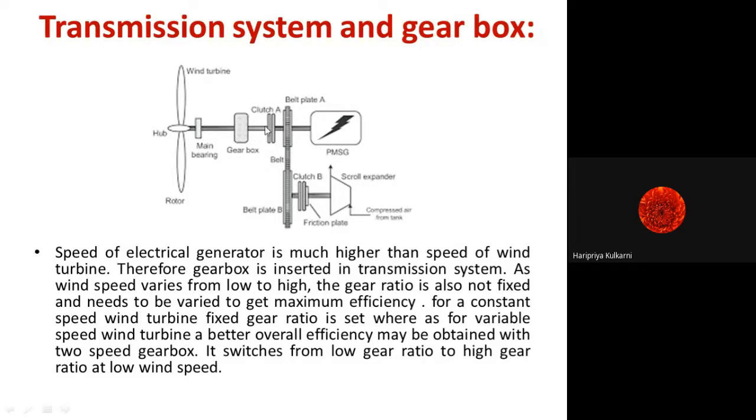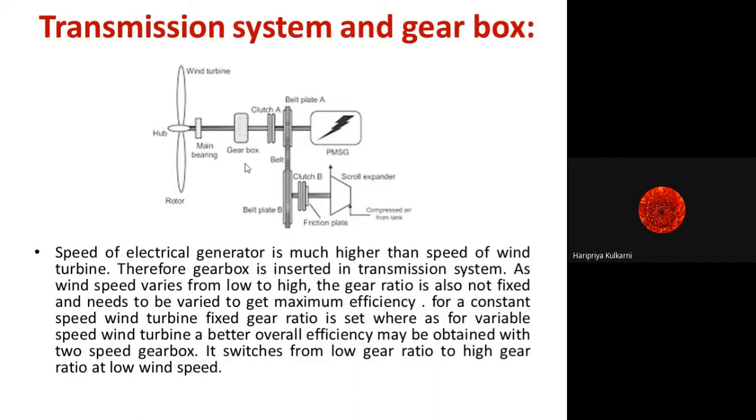There are gears, and then it is coupled to the generator. This is a permanent magnet synchronous generator, which is used for generation of electricity in a wind turbine. The turbine is attached to this generator, and whatever energy is generated we can utilize. The generation is AC because an AC generator is there, so directly the output we get is AC.